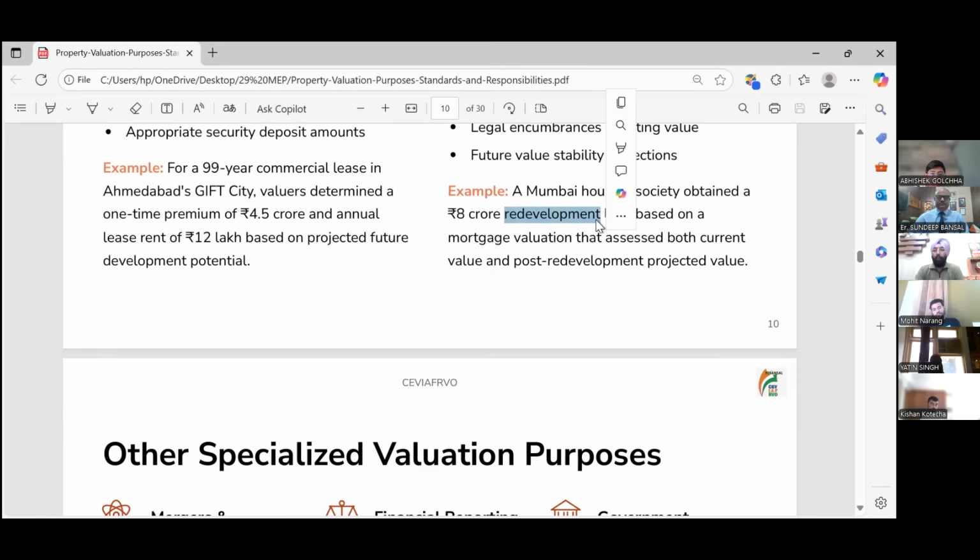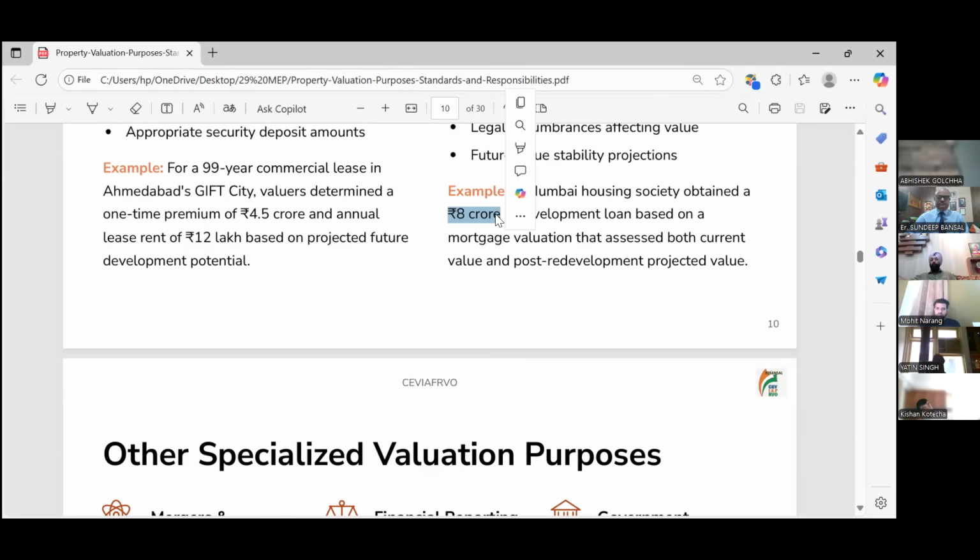So many times they have taken a loan for 8 lakh, 8 crore, sorry. So it does not mean that the value after redevelopment will increase by 8 crore. It may be more than 8 crore, it may be less than 8 crore. So you must be clear about this thing.